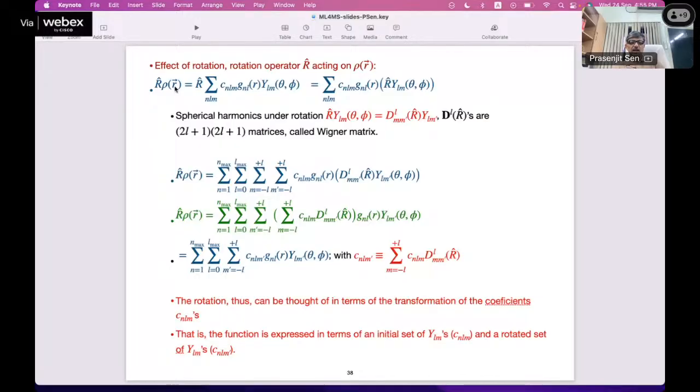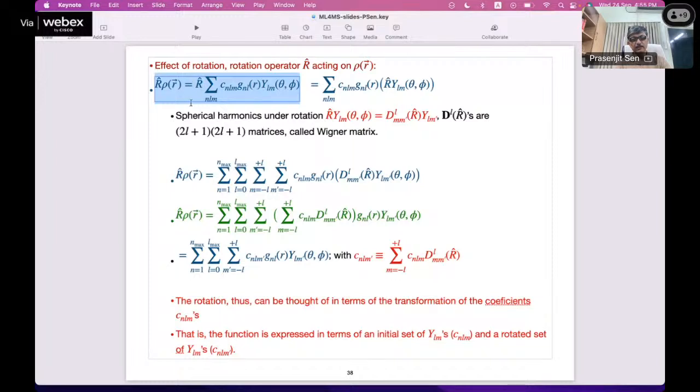So now suppose I'm doing a coordinate rotation. This R hat is just a mathematical way of writing the rotation operator. When I apply this operation on my system, the density will change in some way as an effect of this rotation.